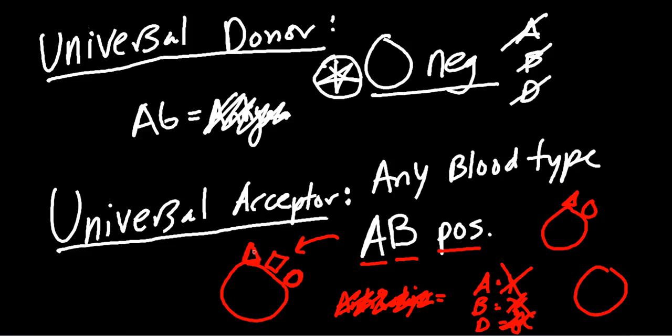All of the antigens present triggers the immune system to get rid of those self-reactive antibodies against the A, B, and D antigen, so we're going to produce no antibodies against it. No antibodies means no cross-reaction or coagulation. Good thing. These are high-yield subjects to remember: the universal donor and the universal acceptor.